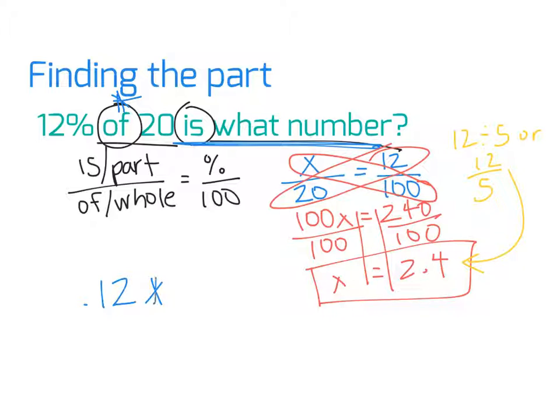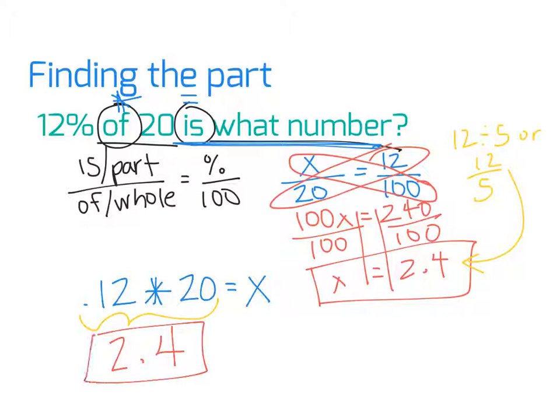So I'm going to do 0.12 times 20 is equal to what number? I don't know, so I'm just going to put my variable x there. In order to solve this, the only thing you have to do is 12 hundredths times 20. And if you multiply that out, you will come up with 2 4/10 once again.